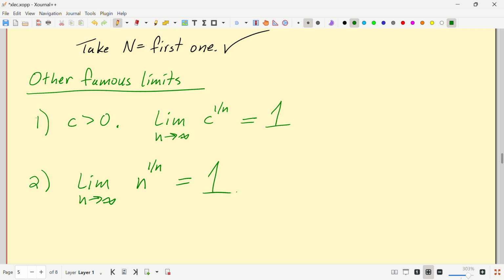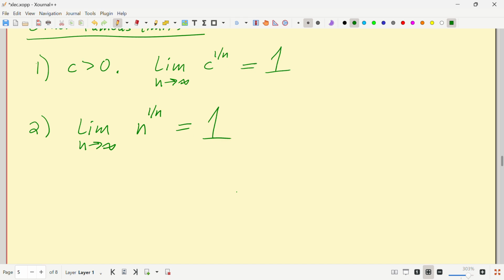Let's see. Okay, so it's cheating at this moment to take logs and exponentials.